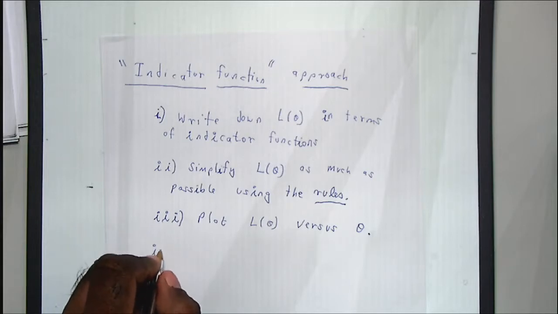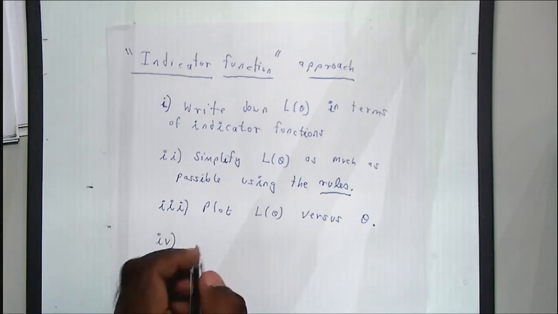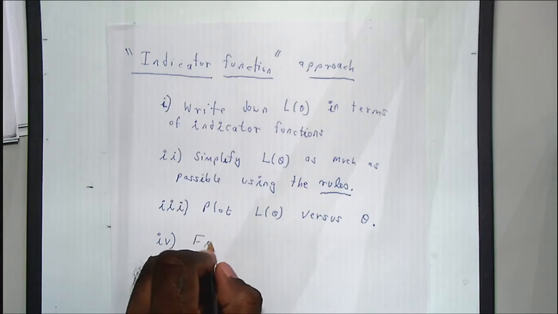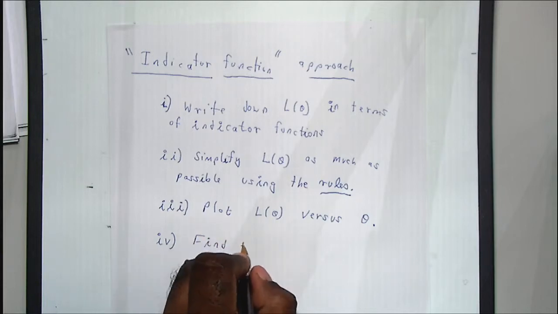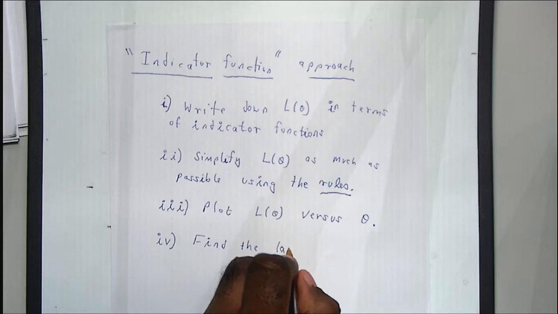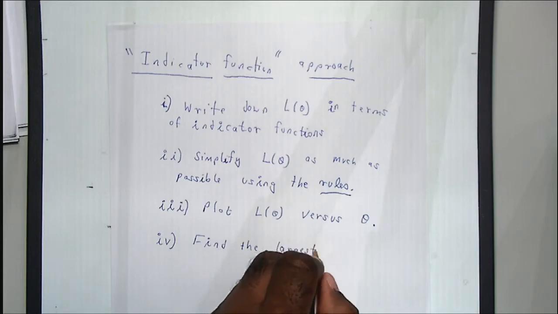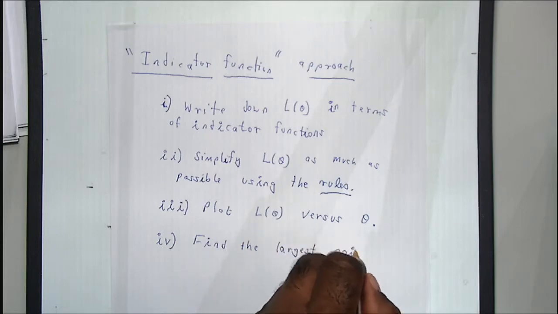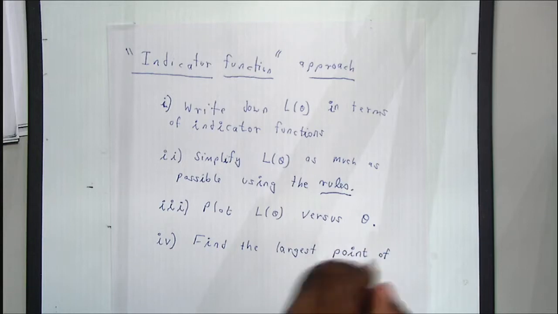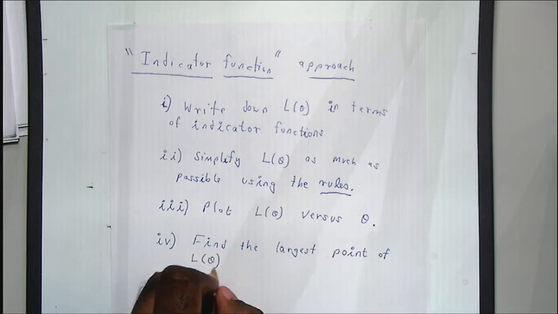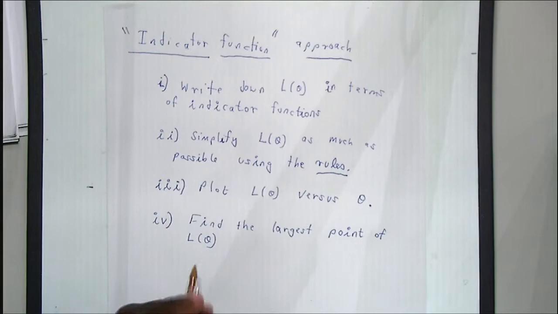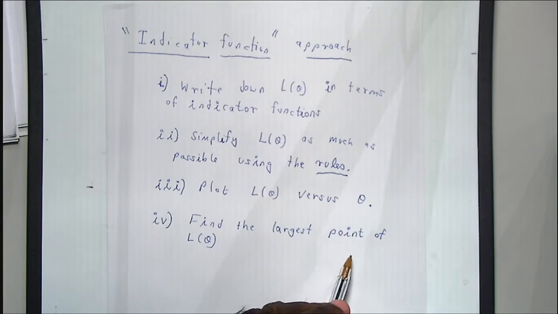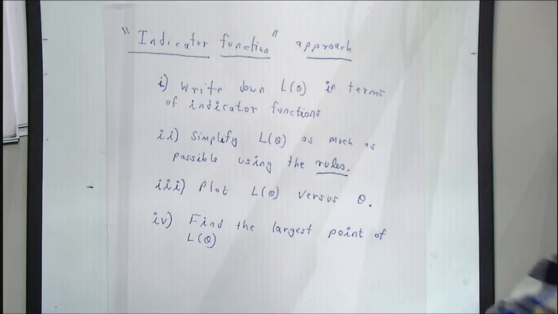Fourth step is to find the largest point of the likelihood function, like I did. This is the largest point. Can you guys hear? This is the largest point of the likelihood, right?